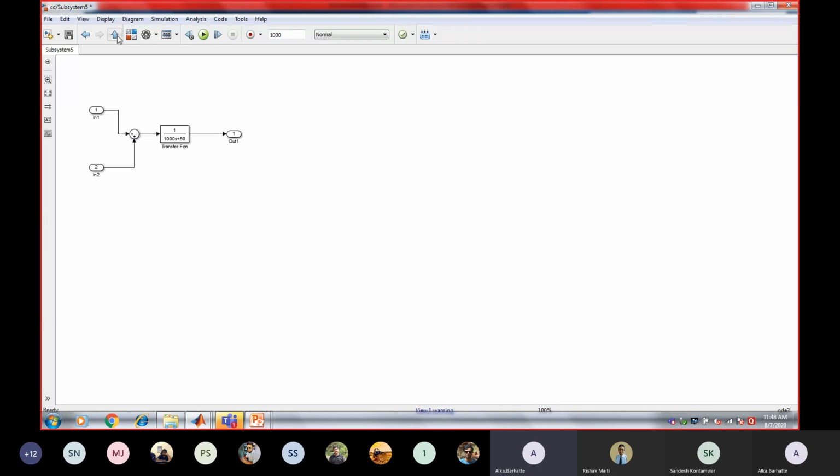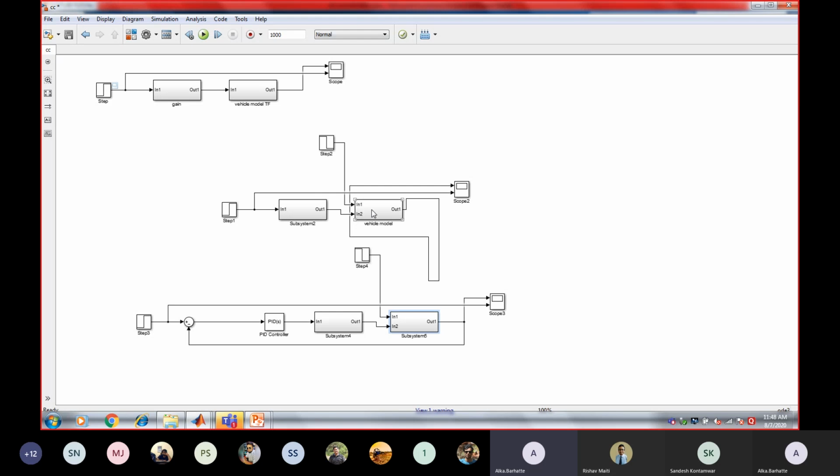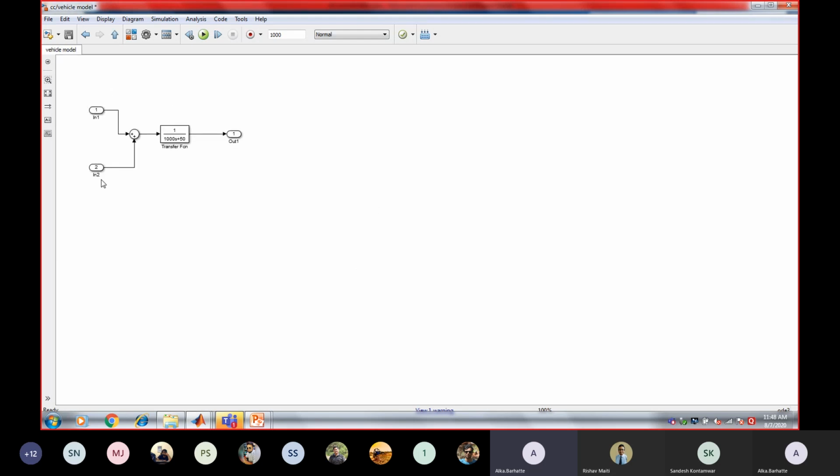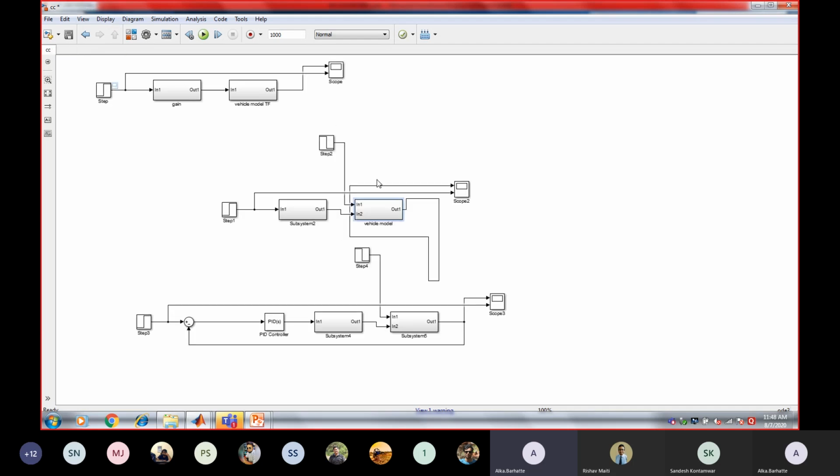The same block is implemented in this open loop system. Two inputs will be added, so your input force is getting added with the disturbances, and that is connected to the input of the transfer function that is representing your vehicle. And the output is obtained from that.